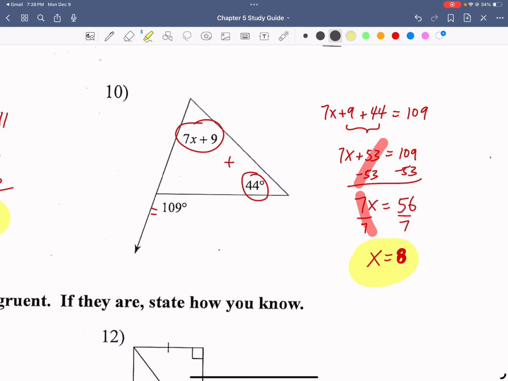If you're wondering how you would check this, well, this one's a little bit more tedious, but you plug it back in. If you plug it back in, you would get 56 plus 9, which gives you 65, I want to say. And then once you add these two up and then add the third angle up, which you can find by subtracting from 180, that's going to be like 71, right?